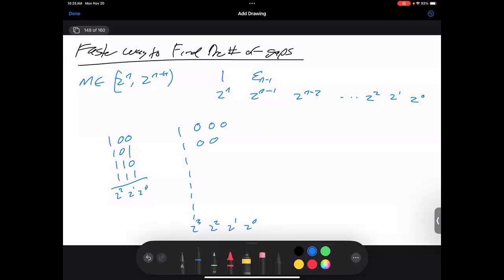I could have 0, 0, 1, 0, 1, 0, 0, 1, 1, 1, 0, 0, 1, 0, 1. The only one you have to have is the first one. And so everything else is free.